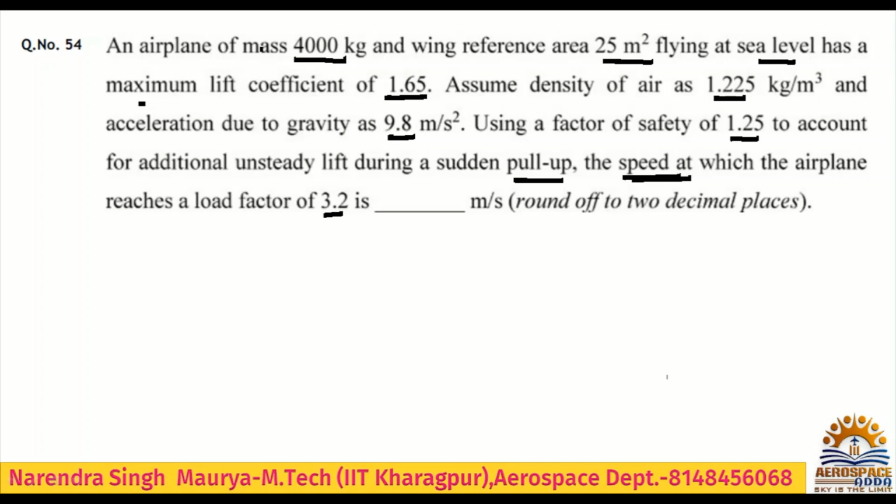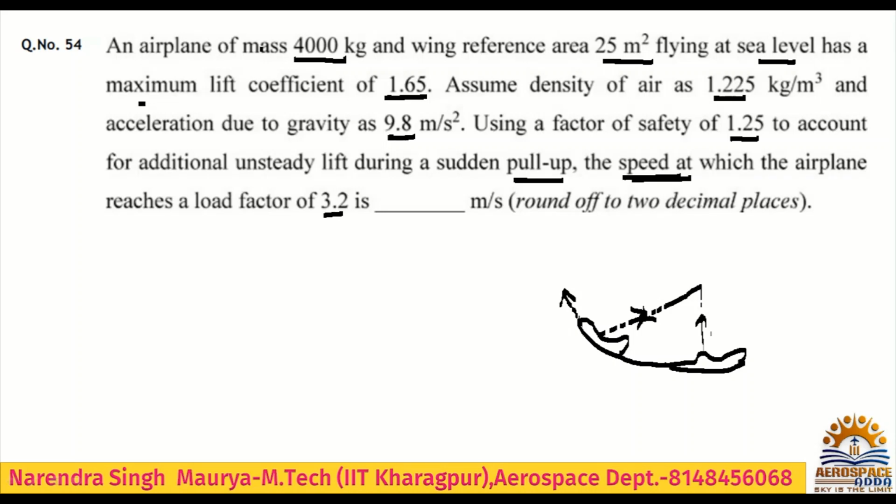Suppose this is the actual condition of the aircraft, and this aircraft is going for the sudden pull up in this way. This is the sudden pull up. For this condition, they are asking speed. You understood? This is the level condition, but here this is the vertical pull up.